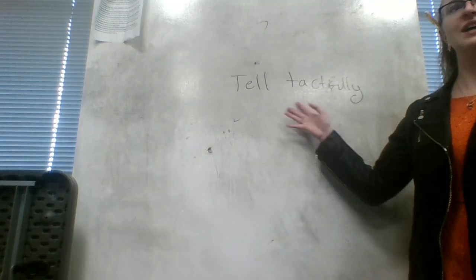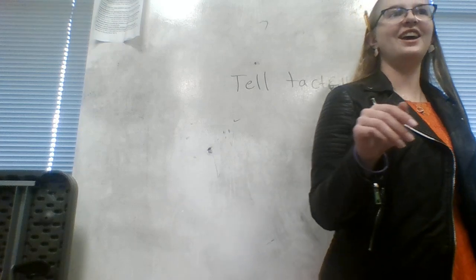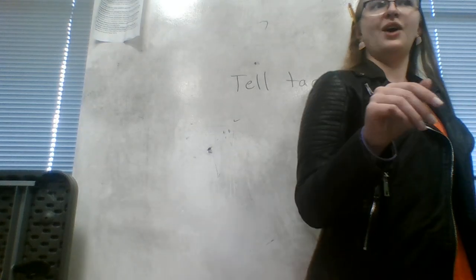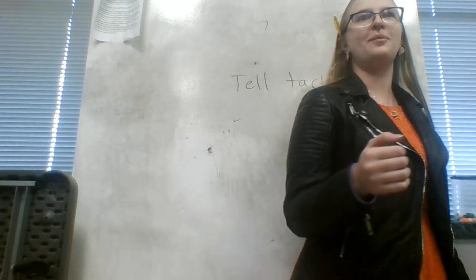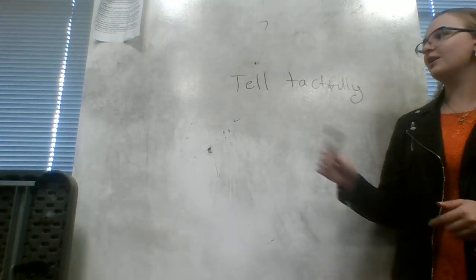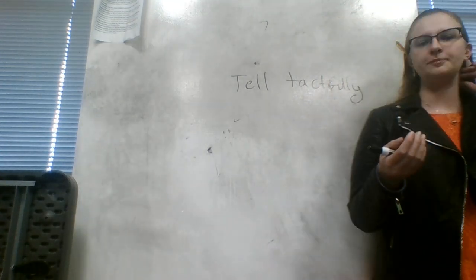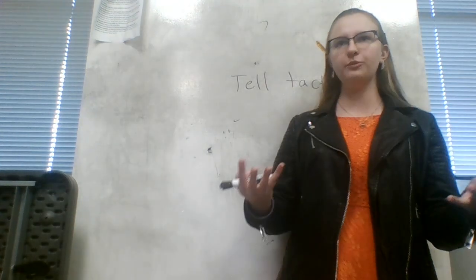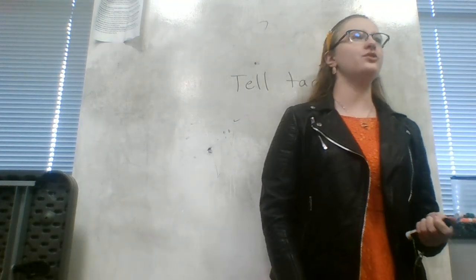Now, if you want to tell tactfully and say, little did she know what was going to happen the next day, then you're like, oh, what is going to happen the next day? So you're telling me something's going to happen, but you are not telling me what, and therefore I'm intrigued. Or alternatively, if you are telling someone tactfully information about the character, or the setting, or the world building, you're saying, man, those rats are such a problem.